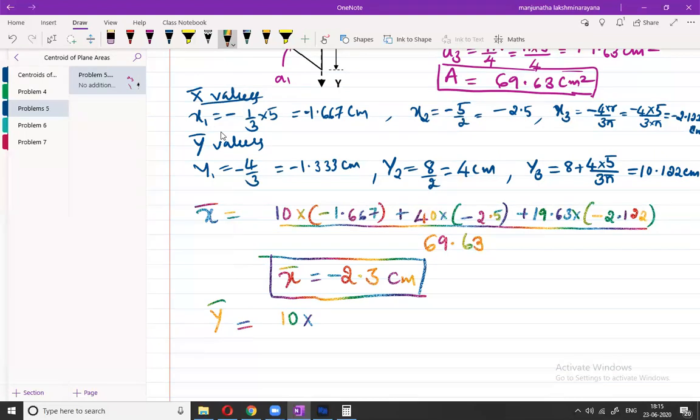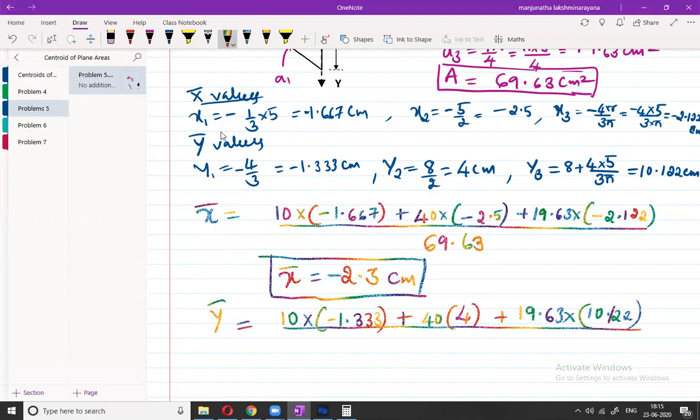So A1 into y1 is minus 1.333, plus A2 is 40 into y2 is 4, plus A3 is 19.63 into y3 which is 10.122. Just calculate the value of that, and the total divided by 69.63.